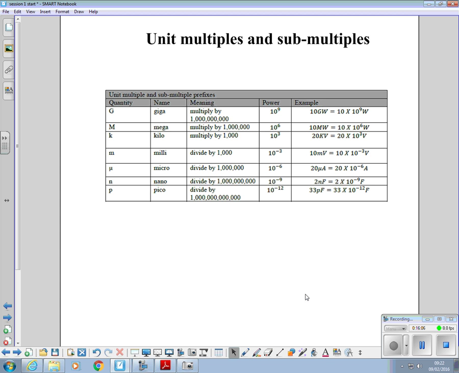Also very small quantities, particularly current, so we get milliamps, microamps, and when we get into capacitance, microfarads and smaller. And so we use the engineering multiples and submultiples, giga and mega, 10 to the 6, 10 to the 9, and so on for those quantities.